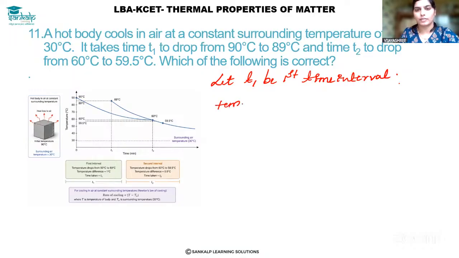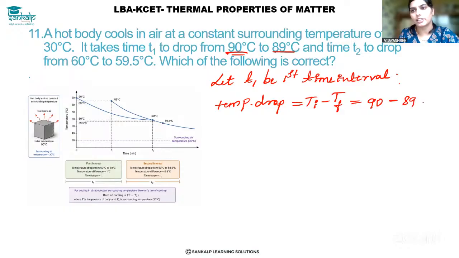In the first case, final temperature is 89 degrees Celsius, initial temperature is 90 degrees Celsius. T initial minus T final is equal to 90 degrees Celsius minus 89 degrees Celsius, which is equal to 1 degree Celsius.